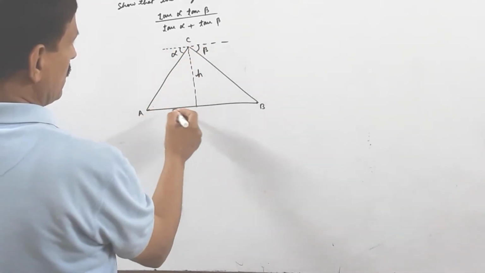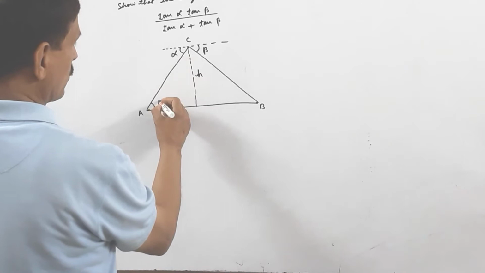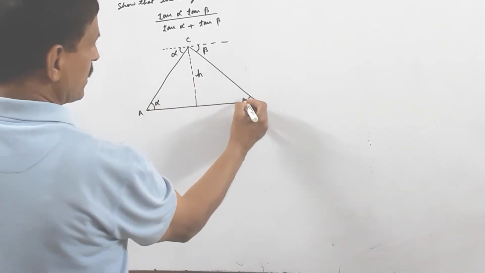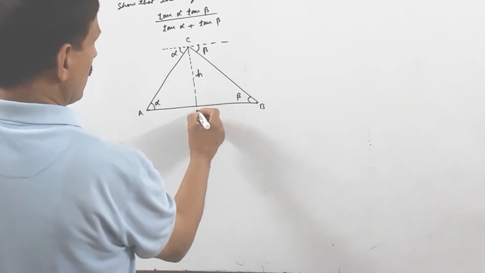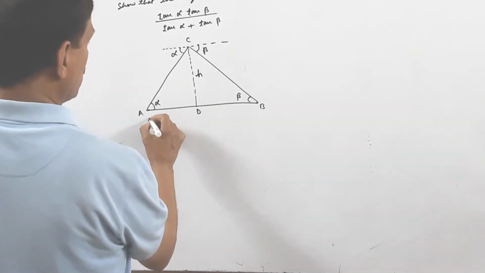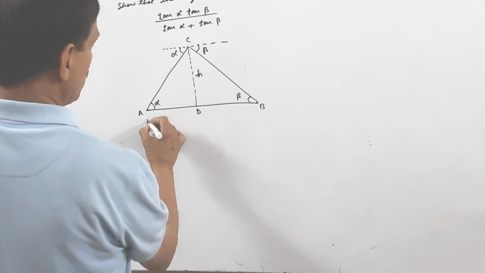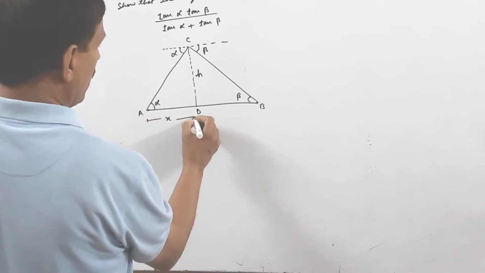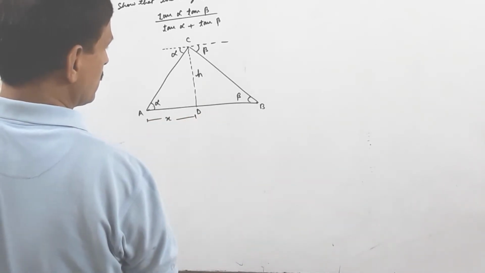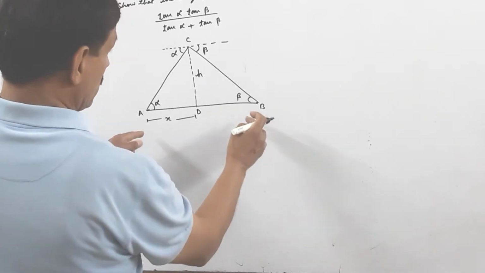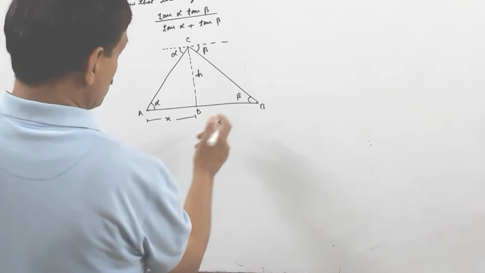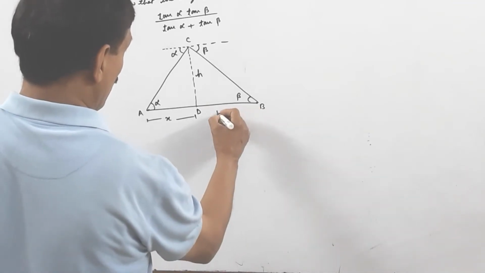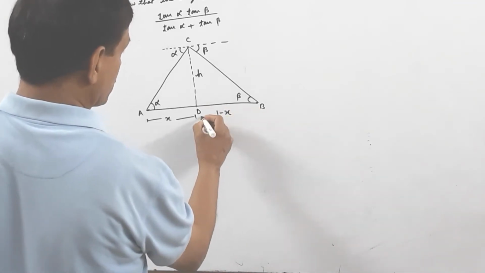Because lines are parallel, the alternate interior angles are equal, so this is also alpha and here this is beta. We consider AD as x distance, because AB distance is 1 mile, so DB is equal to 1 minus x.